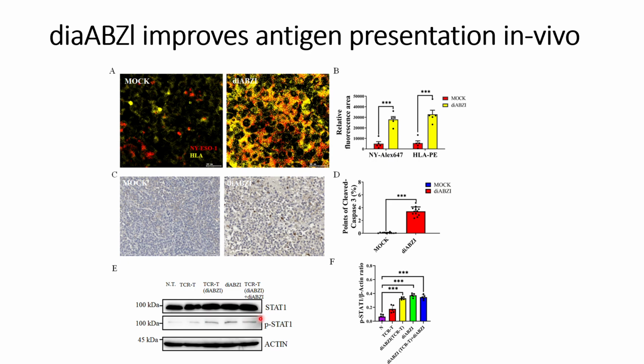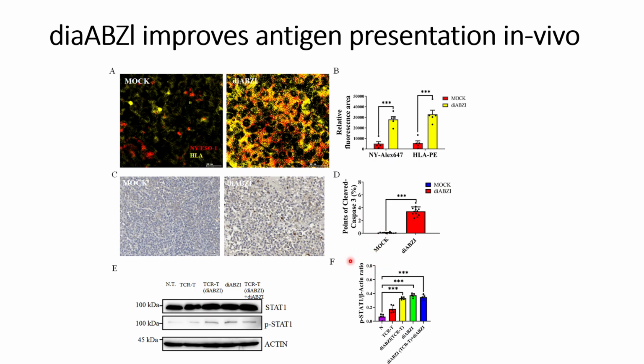So this result is also in line with previous literature that an increase in phosphorylated STAT1 will cause apoptosis in the tumor cells, as they found apoptosis in the DiaBZl treated cells and an increase in phosphorylated STAT1 in those cases.